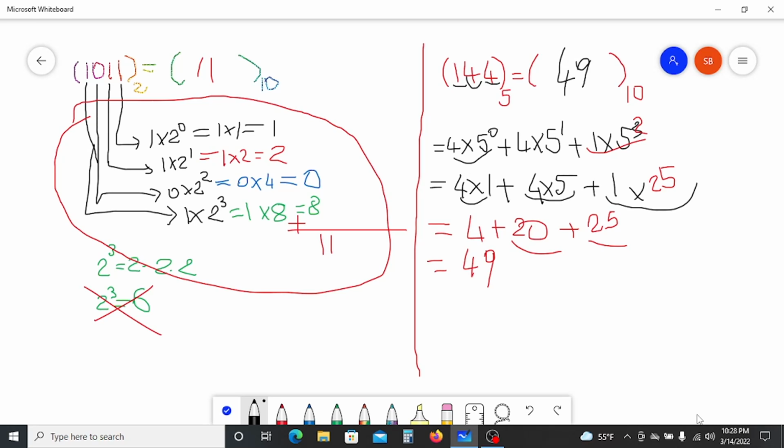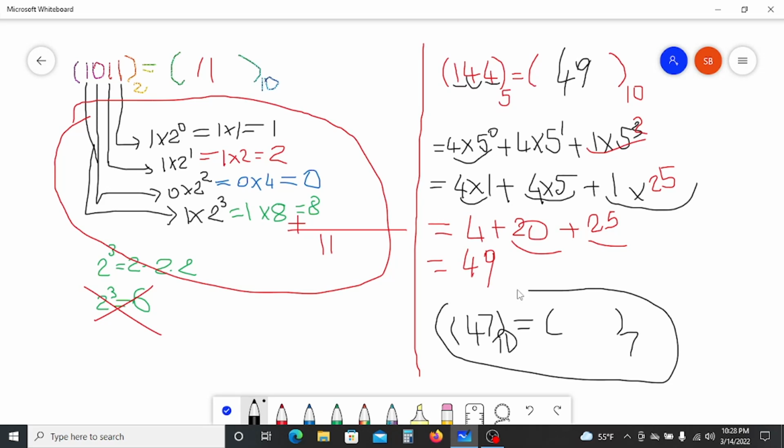Again, I want to repeat, from any base to another base. For example, next time we can take 47 in base 10 and see how much it is in base 7. We will do this one next time, okay?